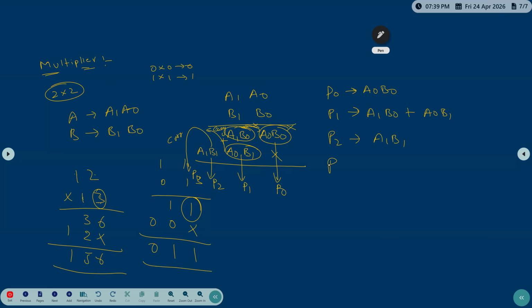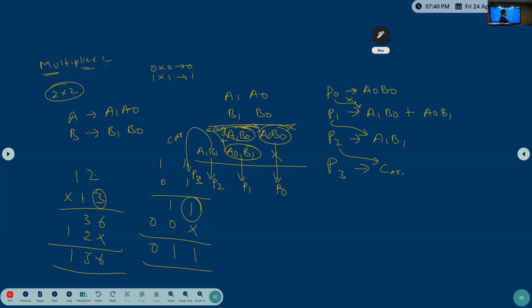P3 equals maybe the carry which comes from P2. P2 can also get a carry, right sir? A1 B1, the carry will come here. Getting? But in this case only, the carry will not come.